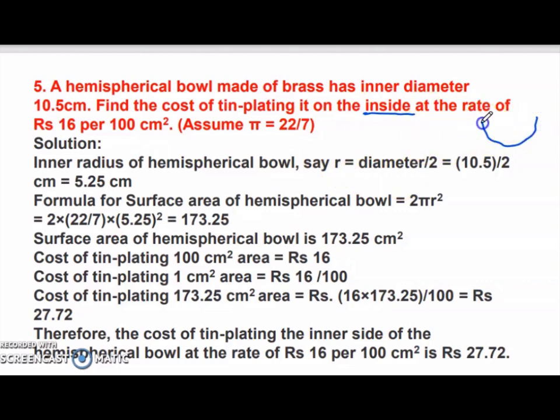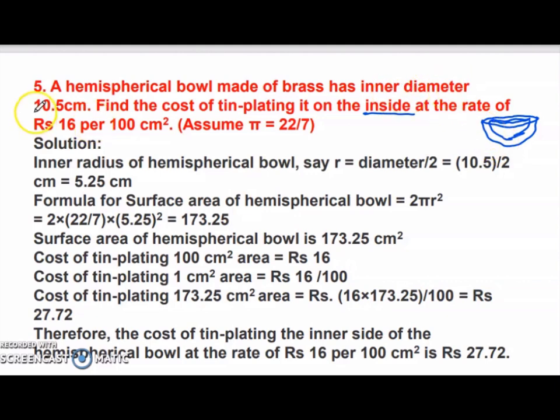When the inner and outer radius is given or inner and outer diameter is given, it means that the required solid has got a certain thickness. So let's assume this is the thickness. That is why they have given inner and outer. Now we need to find only for this inner surface what is the cost of tin plating it. So inner surface area, for that we will take the inner radius.